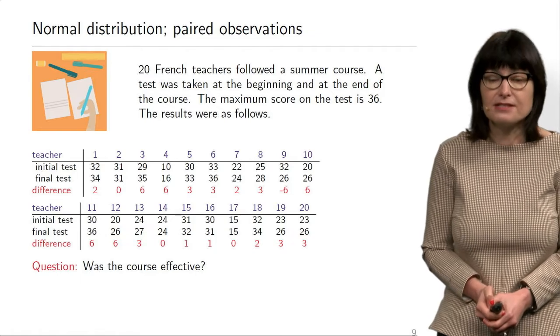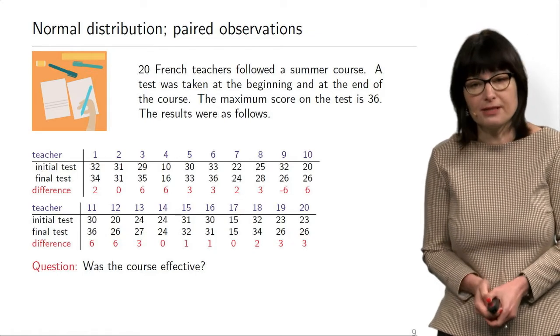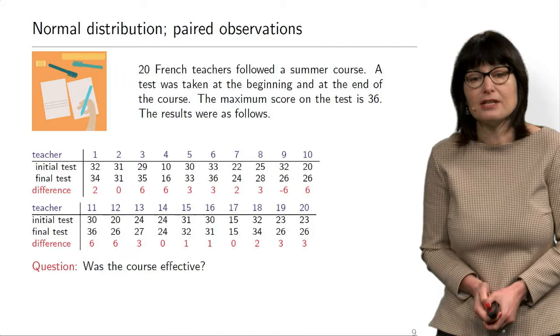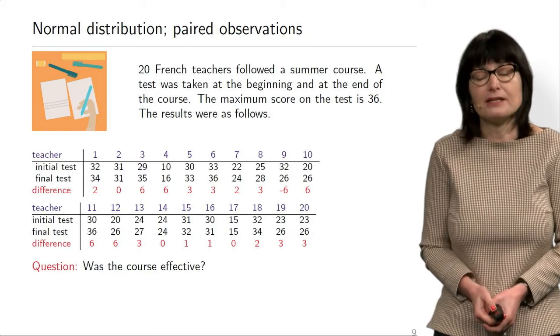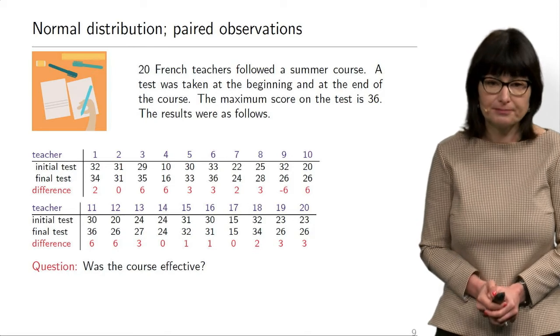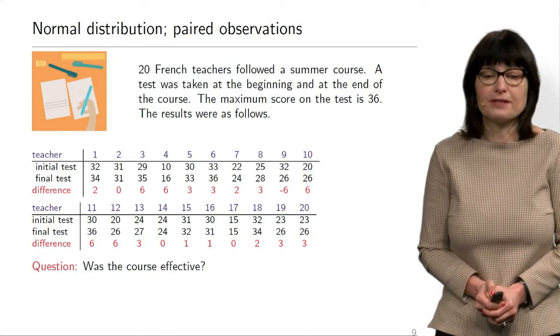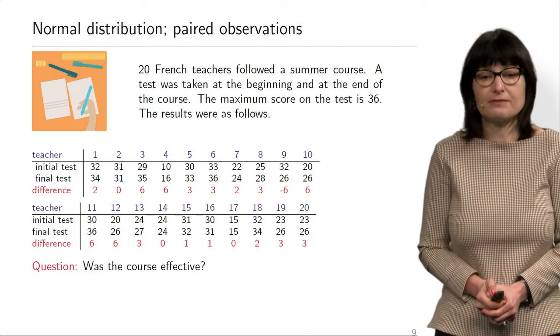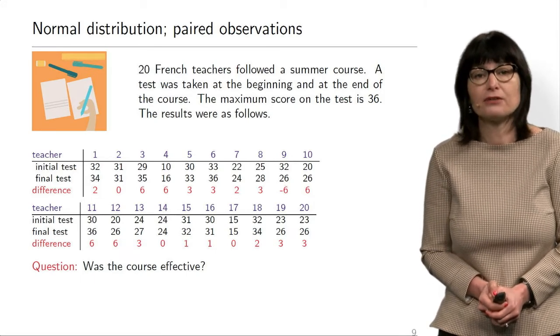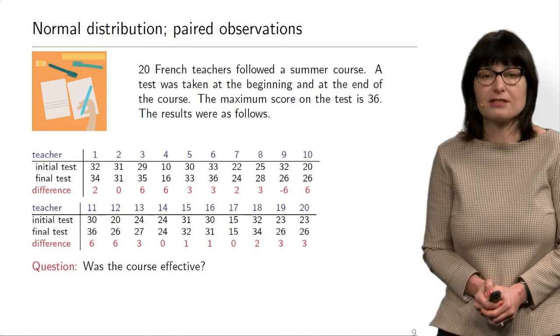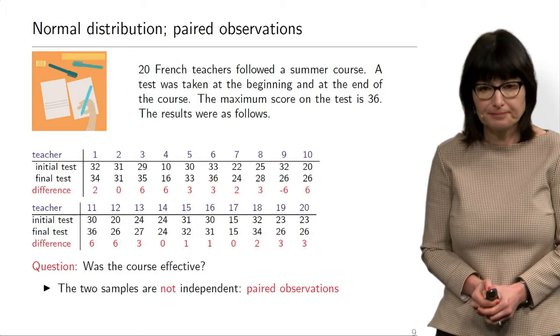And these differences will be independent, or at least can be assumed independent, because the results of different people can be safely assumed to be independent. And what we achieve with this, instead of two samples, we now have only one sample, the sample of differences. And therefore, we can use all the methods that we used for one sample.